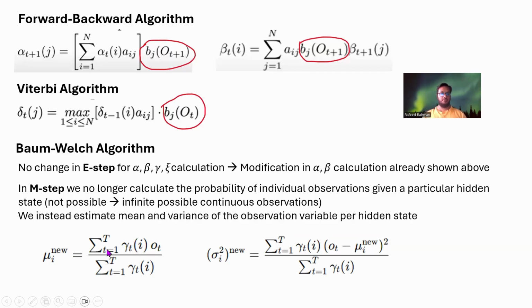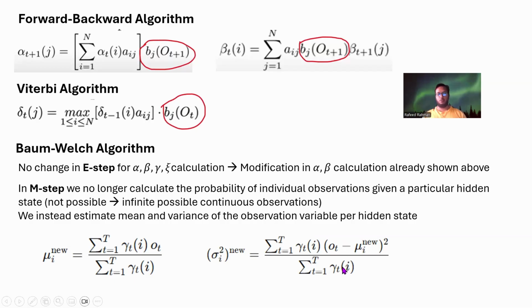If we sum those up and divide by the sum of the weights, it's like averaging. Normally you would just sum all the O_t and divide by the number of O_t. But obviously there is probability involved, so you need to take the weighted sum and divide by the summation of the weights. Similarly, you can also get the variance.